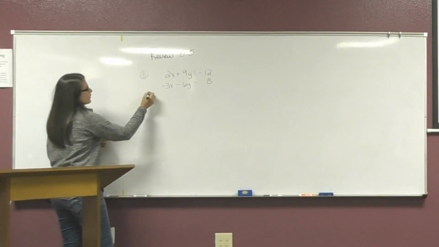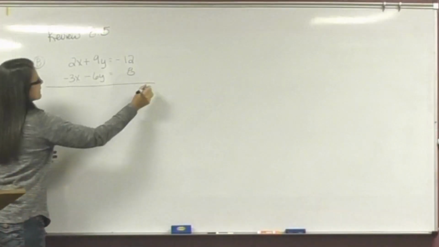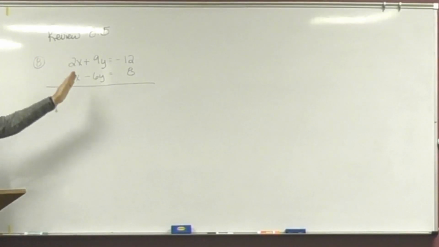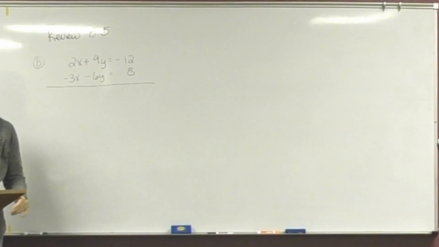So we're looking at this in terms of columns. That's why it's situated like it is. So we've got an x column, a y column, and then our constants are there in a column. So we've got to get either x or y to be eliminated, all right?